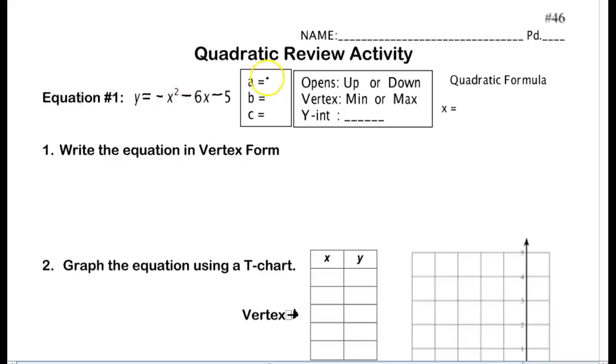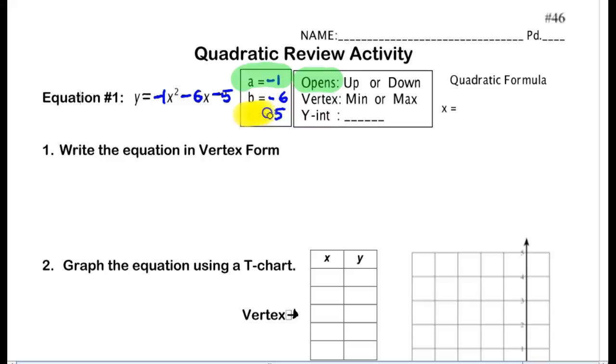So let's start here with what is A, what is B, and what is C. Here we got a -1, this is a -6, and this is a -5. So your A is going to be -1, B is -6, and C is -5. Now, from looking at A, remember that's where you find out how it opens.